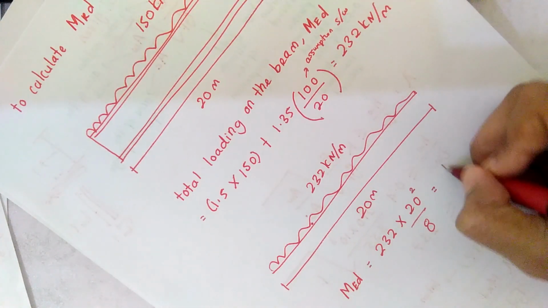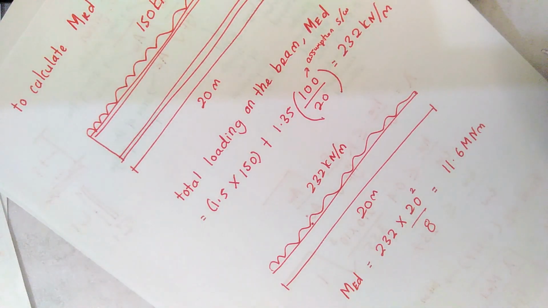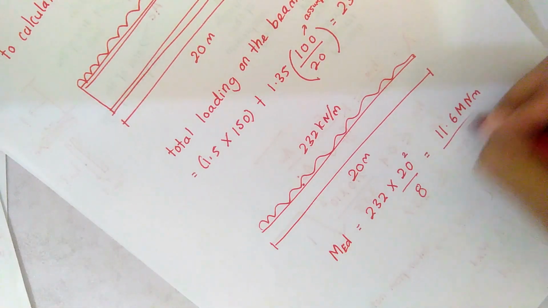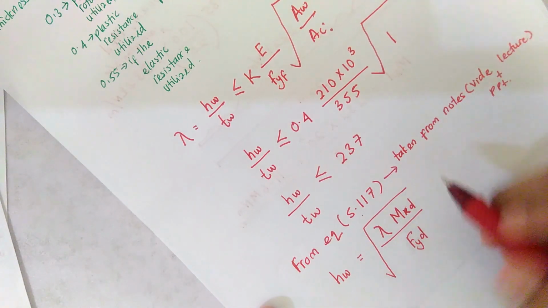Finally, you will get 11.6 mega Newton meter. So now your MED is 11.6 mega Newton meter.